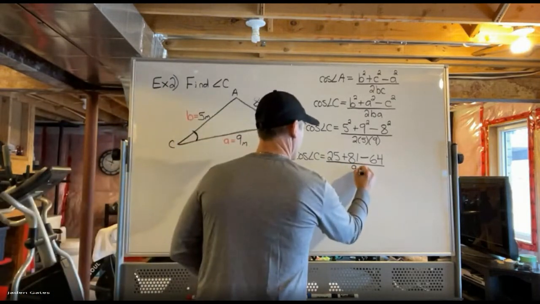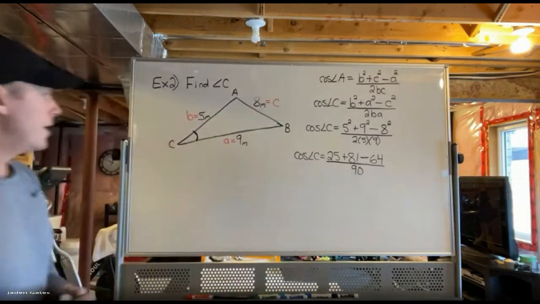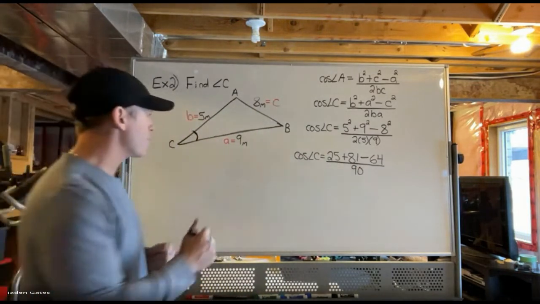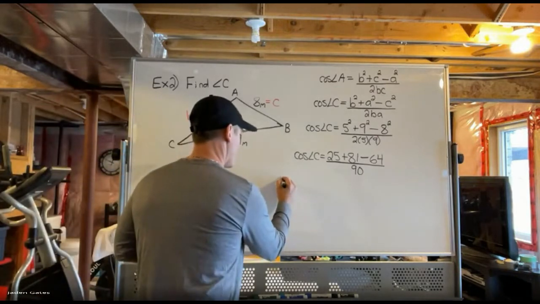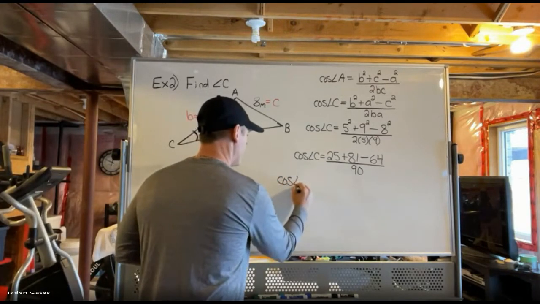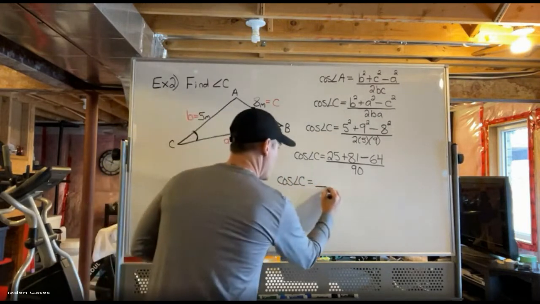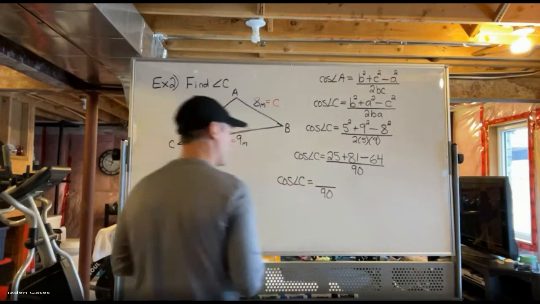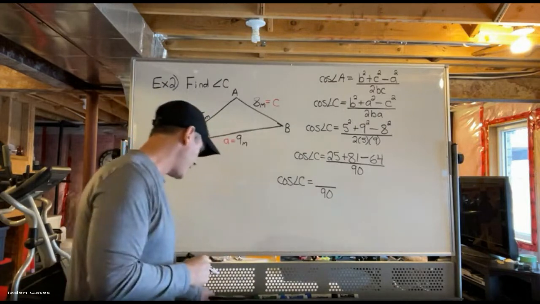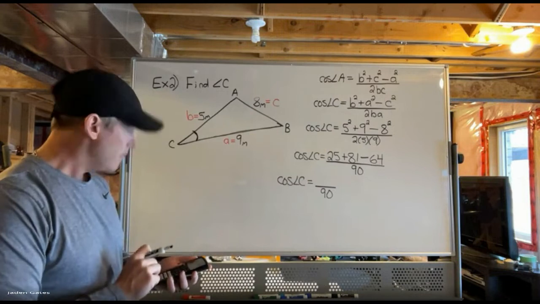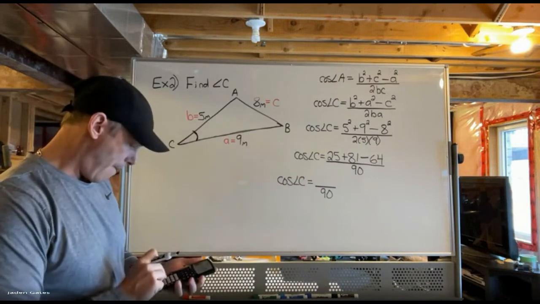All right. Well, I still got some work to do on that numerator. I still got to do the adding and subtracting there. So let's see here. The cosine of angle C. Going to have a 90 in the bottom. Right, and let's see here. 25 plus 81 minus 64.